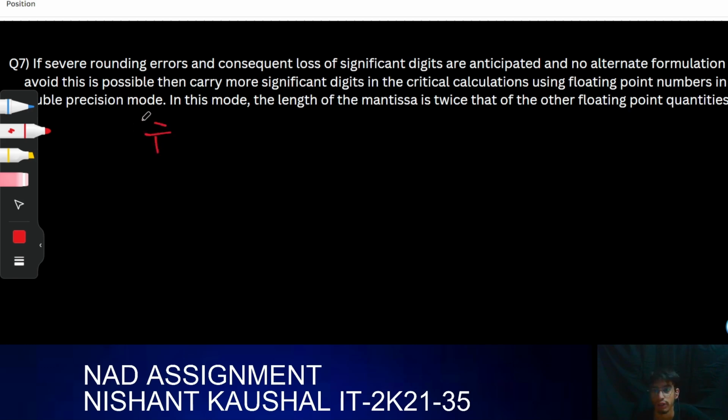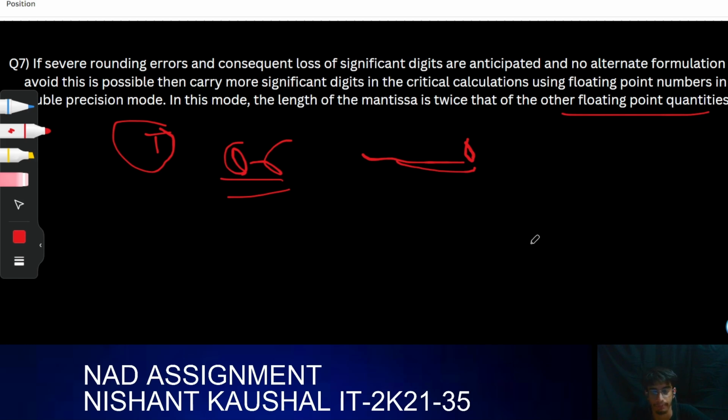Yeah, this is true. We have discussed it in question number 6, that if a program is giving an error by doing some rounding of errors, it could be avoided using double floating point quantities, right? So let us proceed to question number 8.